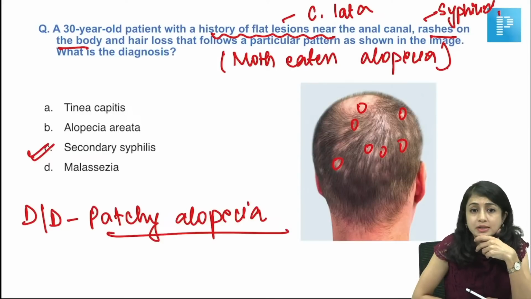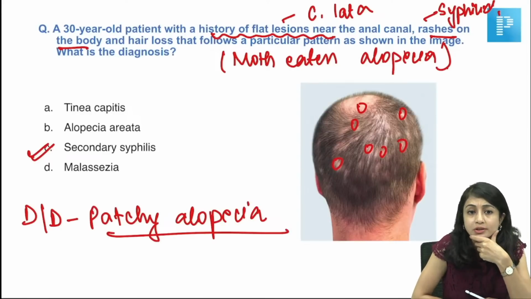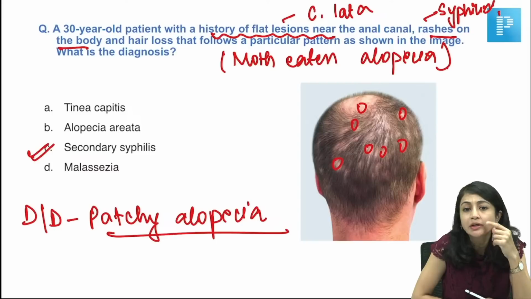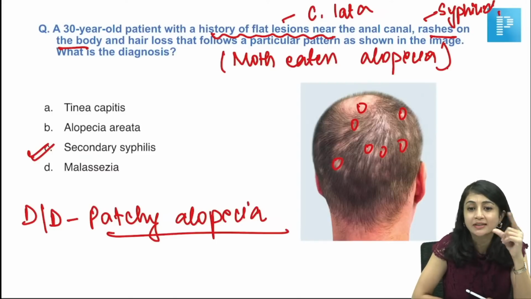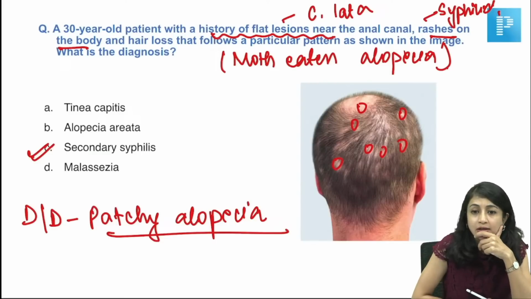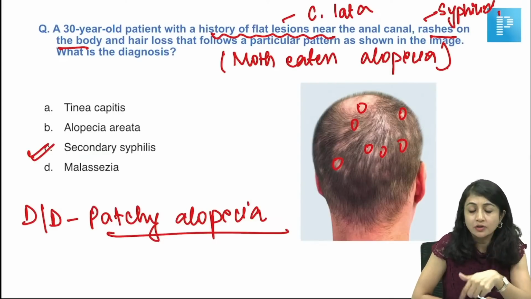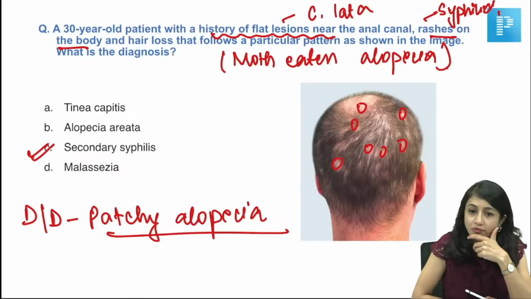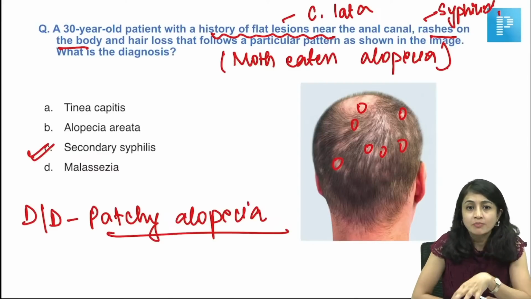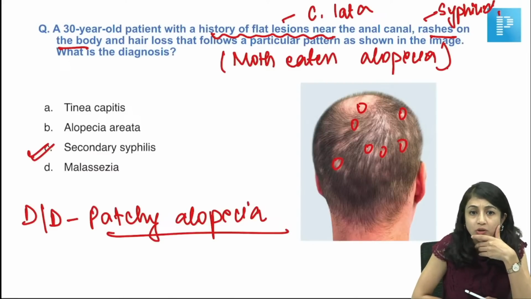So was this the same question and were these the options, or do you have any other options here? Okay, so I think the similar history question I would be discussing is a separate question. This is another question that I got. I have another question on patchy alopecia where there is history in a relative, but this was a separate question, I guess.